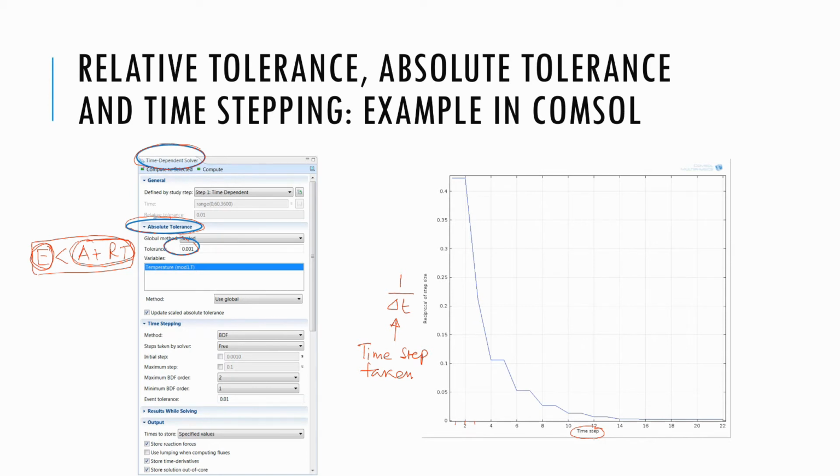And so initially the time steps are small because the solution is changing rapidly. So 1 over delta t is large initially.